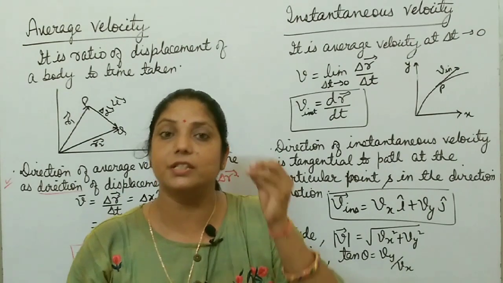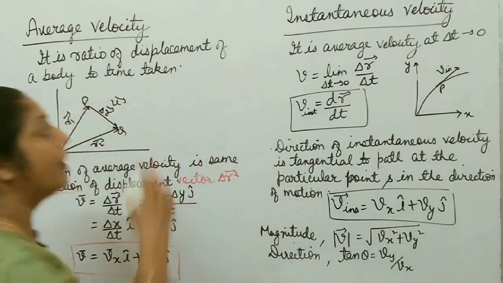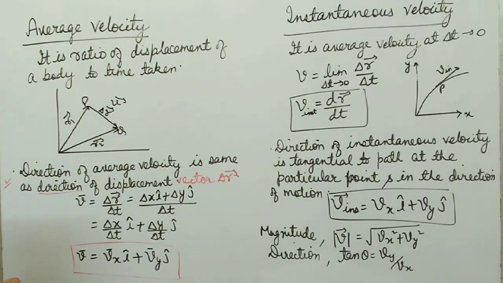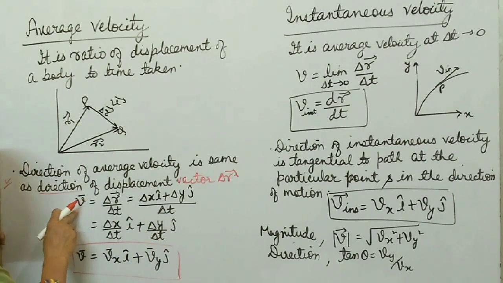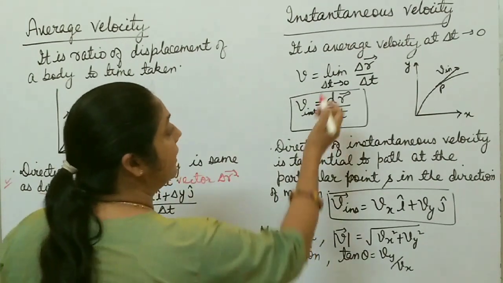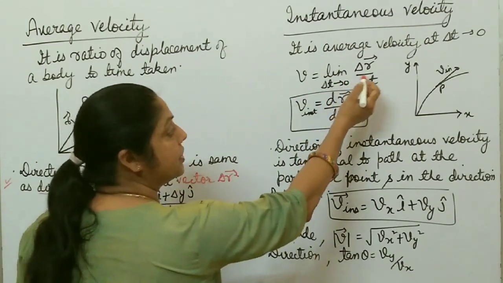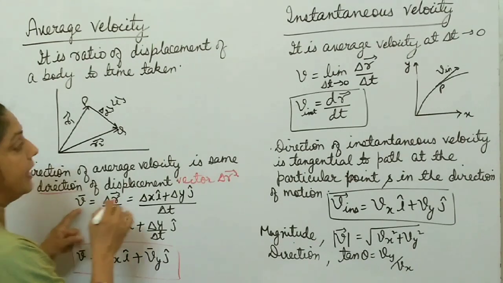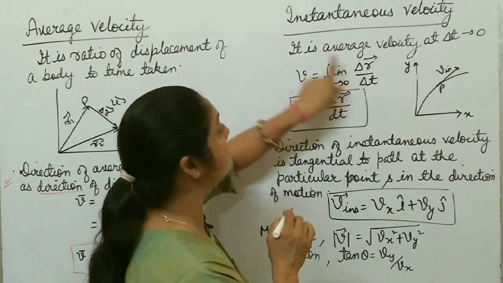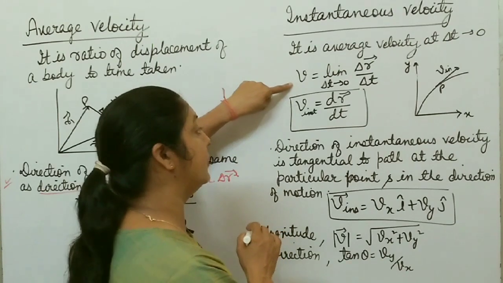It is velocity at a particular time. So how do you get instantaneous velocity? Average velocity is this one. When delta t tends to 0, it becomes instantaneous velocity. So it is given by the limit as delta t tends to 0 of delta r by delta t. Delta r by delta t is average velocity, and when this time tends to 0, it becomes instantaneous velocity, right?